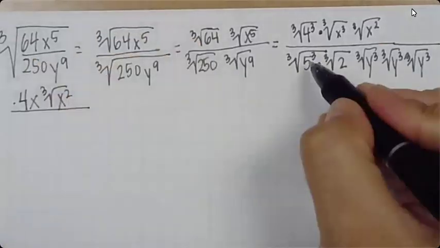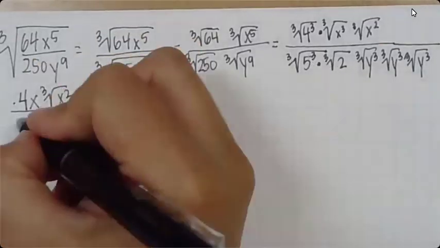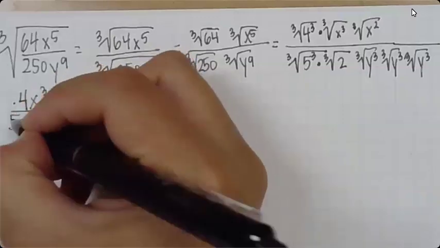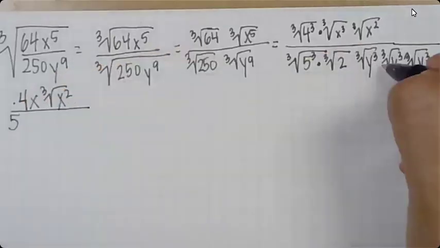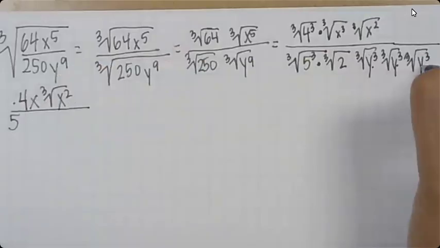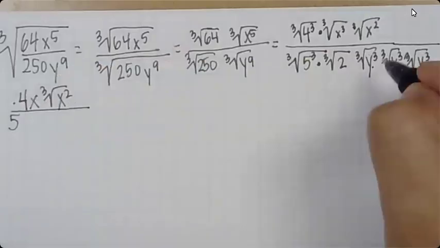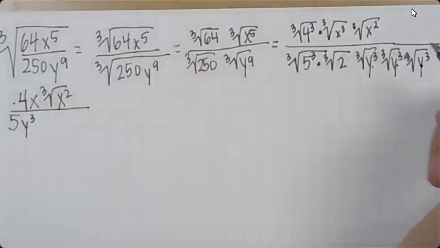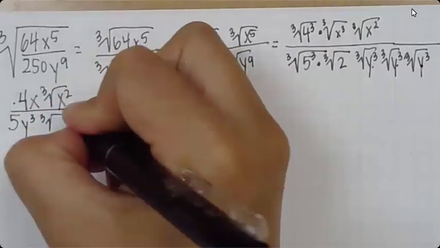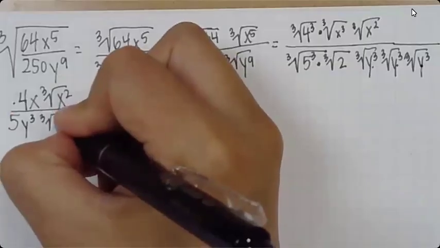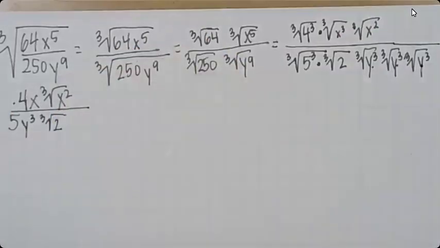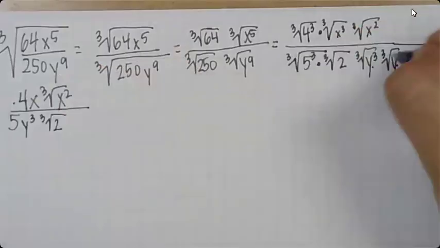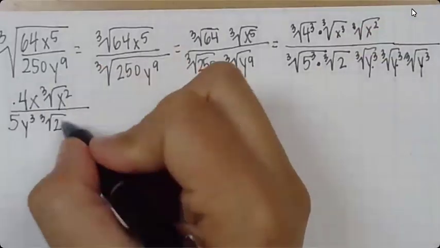I'm taking out a 5, and I'm taking out a y, a y, and a y, which makes it y cubed. And I still have the cube root of 2. So after I did the simplification of all these numbers, now this is what I'm left with.